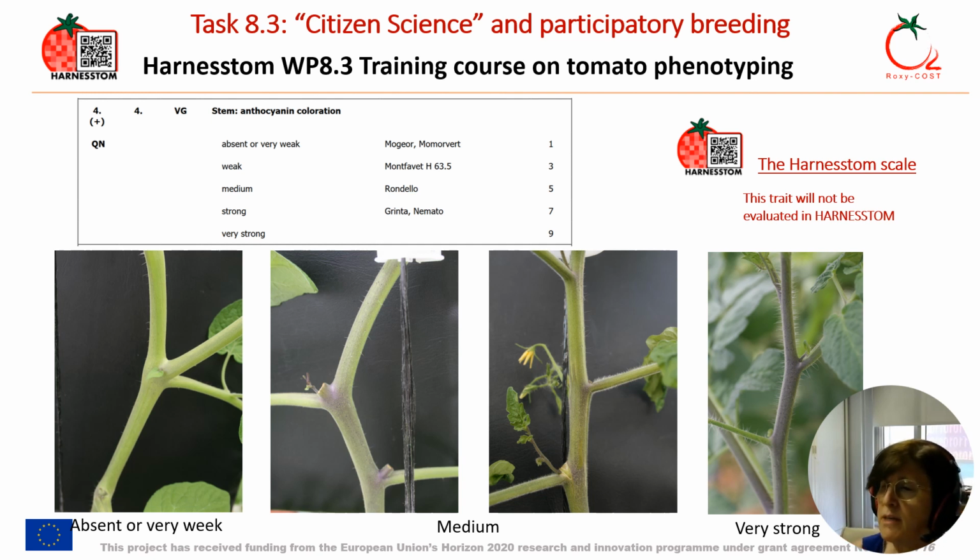Expression of anthocyanin is influenced by day temperatures. Under greenhouse conditions, the variation is rather low. You can see some examples in this slide. You can also see that anthocyanin coloration can be not homogeneously distributed, being very dependent on some environmental factors, especially light intensity.